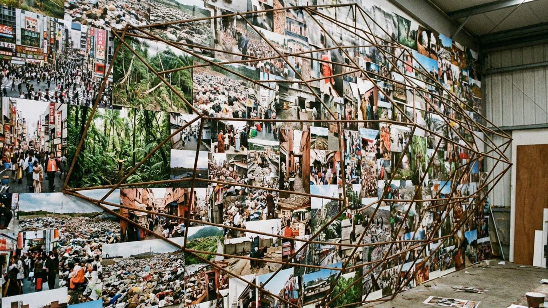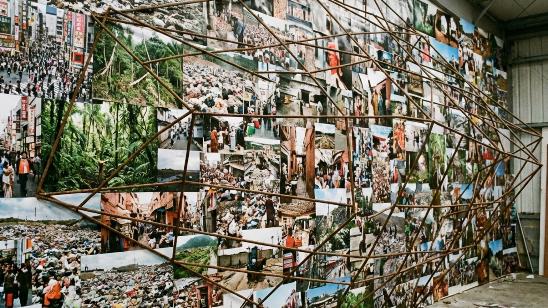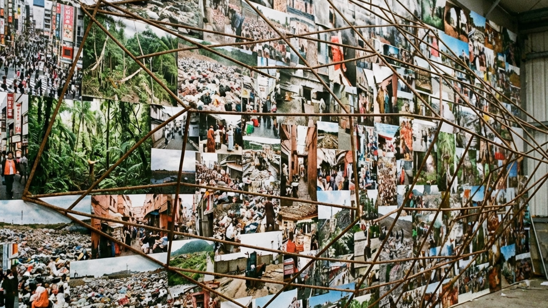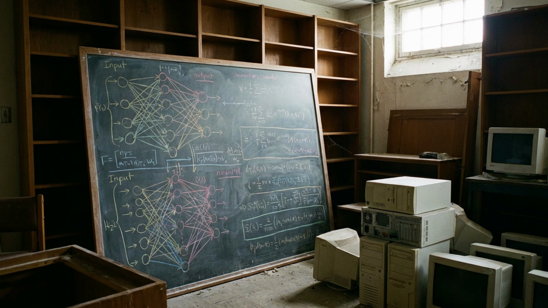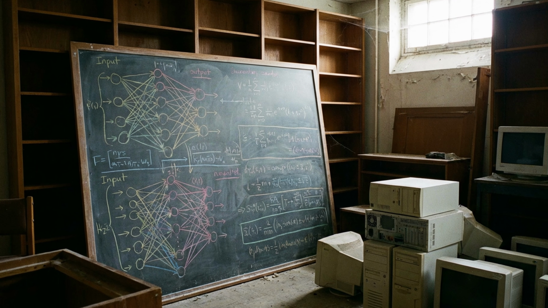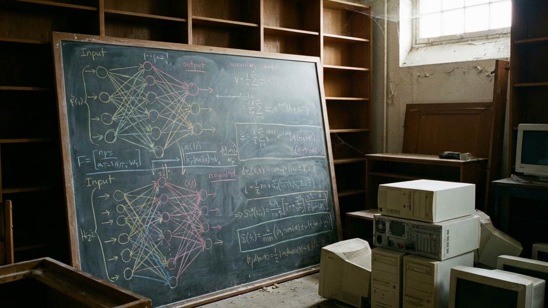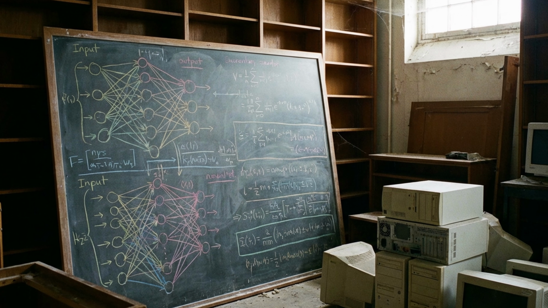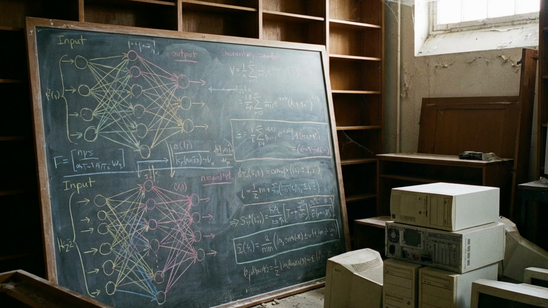However, handcrafted feature engineering fundamentally lacked the ability to scale and generalize across the chaotic diversity of real-world visual data. Deep learning, a concept involving artificial neural networks with multiple layers, existed in theory but was largely considered an impractical pipe dream due to the lack of sufficient training data and computational power.